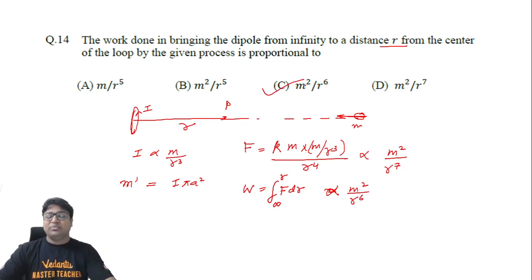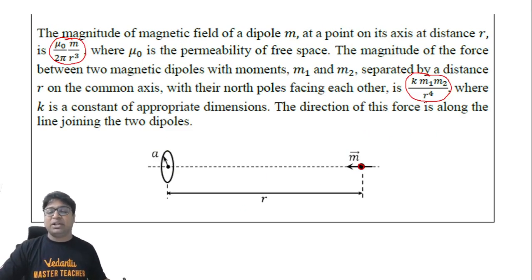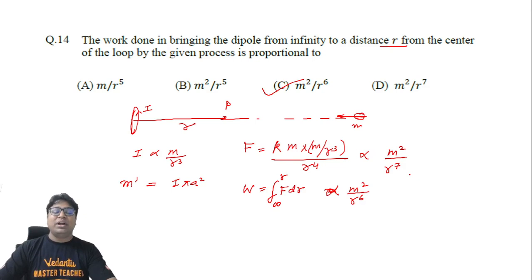The trick here was to understand that in this expression K M1 M2 by r cube, one of the M could be dependent on r itself. This is a point that may be missed by many students, and many may not be able to get question number 14 correct. Question 13 is easy, but getting the 14th one correct is a bit tricky.